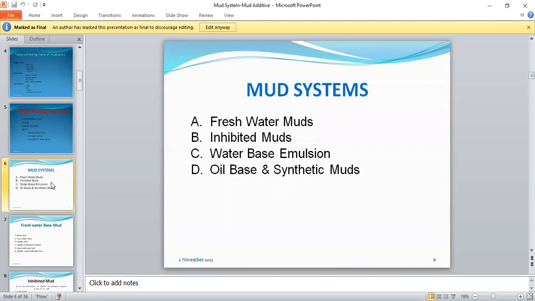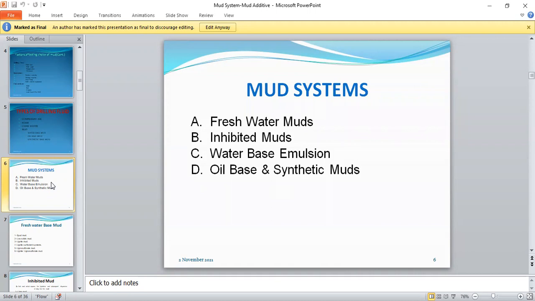Mud systems, we have fresh mud systems. Freshwater mud system, inhibited muds, water-based emulsion, oil-based and synthetic base. Freshwater muds, here we use fresh water as in the kind of water we can drink. The chloride content is very low.